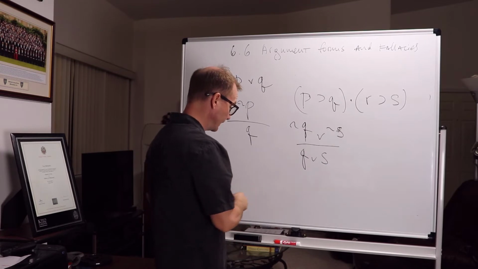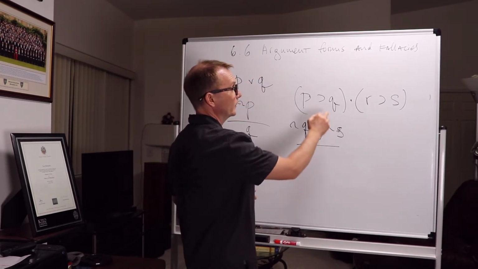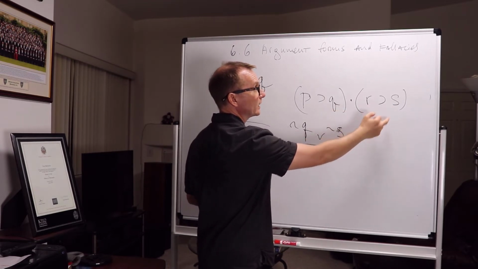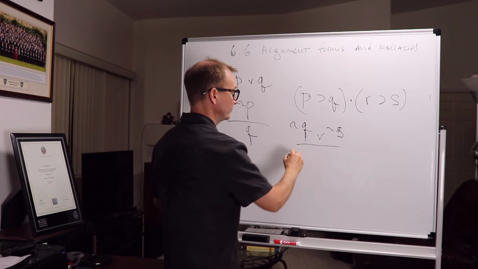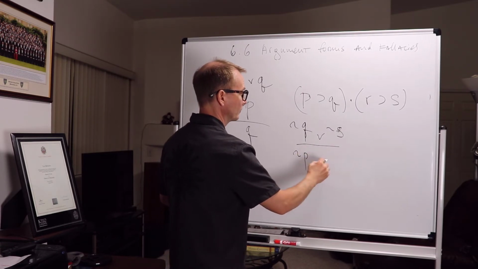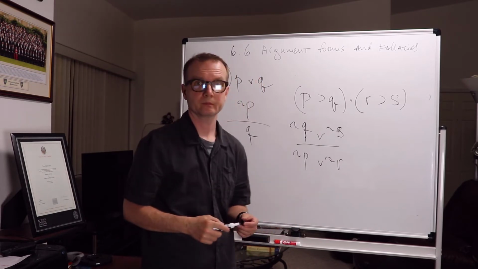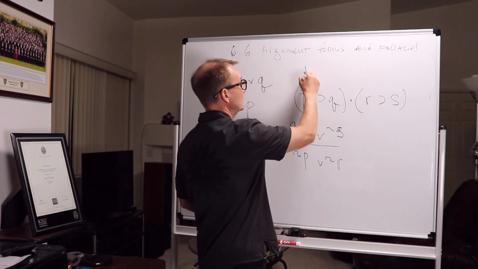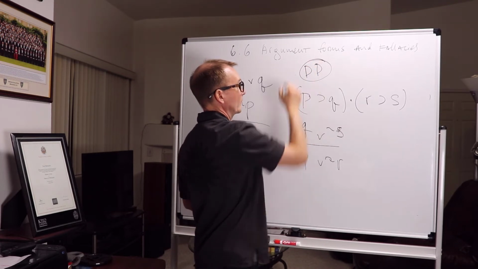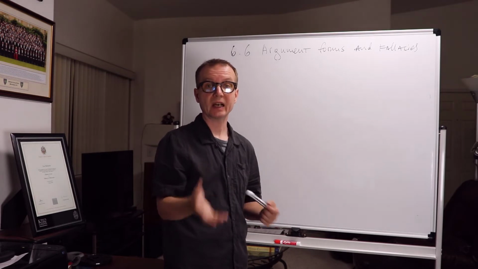And based on that, if it's either not Q or not S, then it would again have to be either not P or not R. Okay, so this is destructive dilemma, DD. This is how it goes. Okay, so those were all the valid forms.